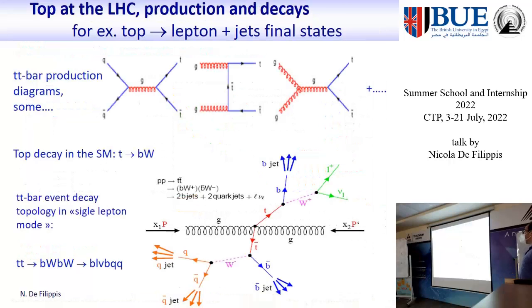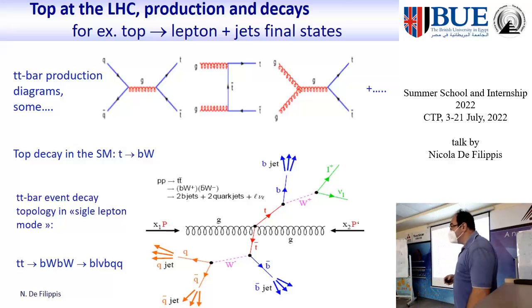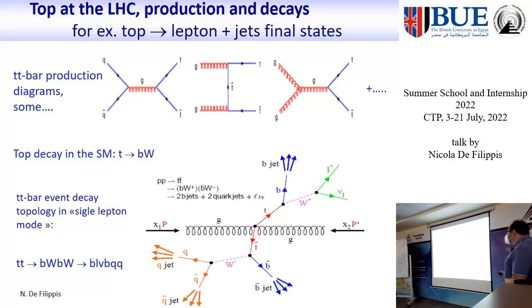There is also a large number of predictions of the standard model that have been tested at the LHC. For example, about the top quark.